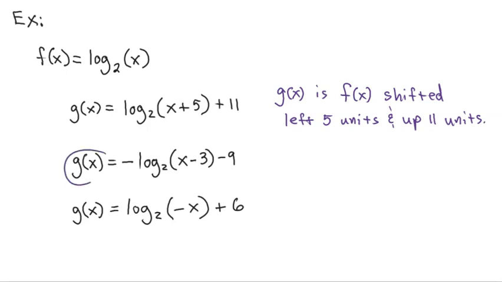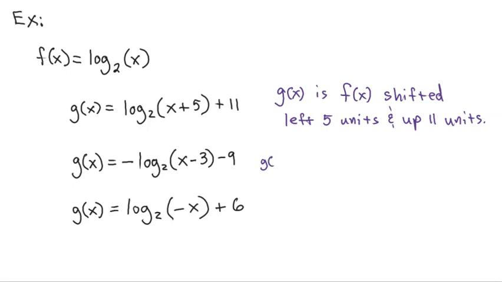All right, let's look at this one here, the second one. It says negative log base 2 of x minus 3 minus 9. Okay? So this minus on the inside means a right shift. And the minus 9 on the end means that that's a down shift, right? And the negative on the front, if you recall, a negative on the front means a reflection across the x-axis.